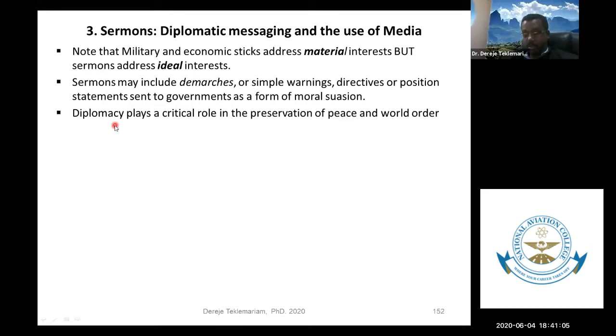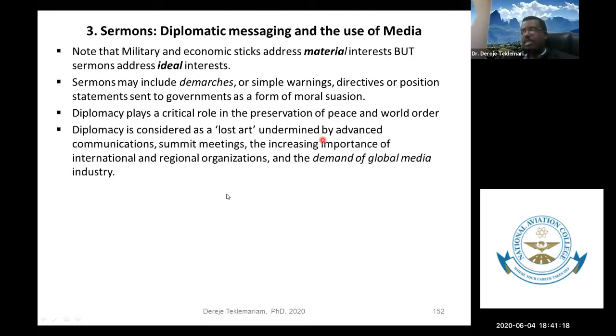Normally, even in the traditional sense, diplomacy plays a critical role in the preservation of peace and global order. However, these days many diplomatic historians explain that diplomacy is considered a lost art.